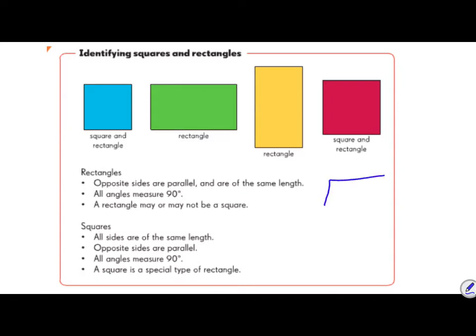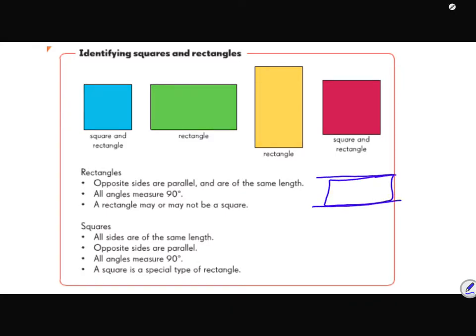So if I have a rectangle, this side is parallel and this side is parallel, the opposite side. And the opposite sides are also the same length. What you're going to start to see are little tick marks, where I have one tick mark right here and another tick mark right here, and this side I have two and this side I have two.